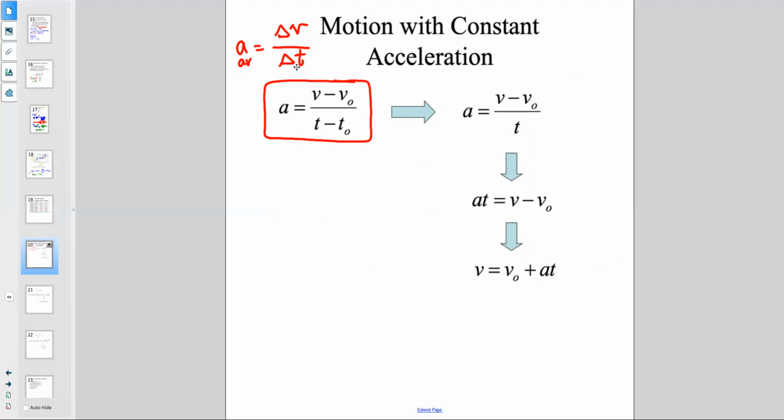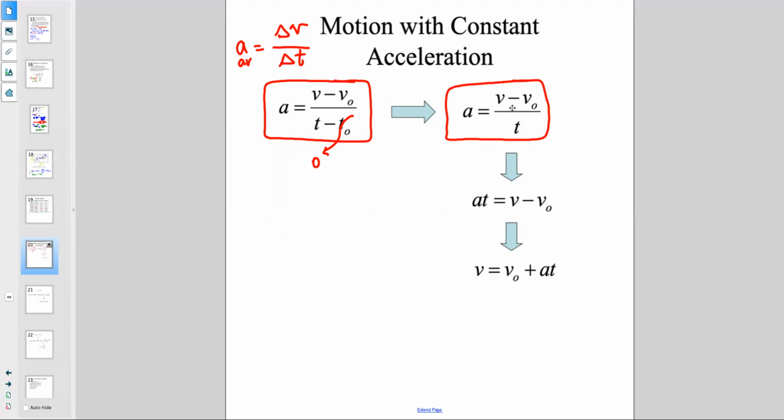And usually when we start solving problems, when the motion starts, the time is 0. When the motion of an object is starting, that's the time when you start to count the time. So usually this t naught is 0, and that's what we get.